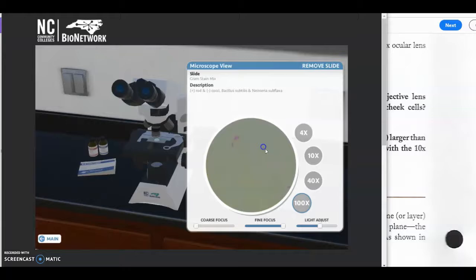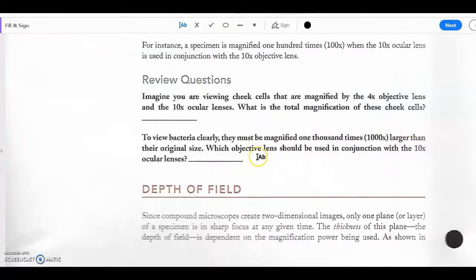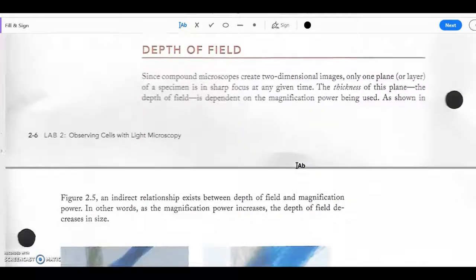Gram-negative cocci, I'm sorry. Again, we can increase the lighting, play with the lighting here. So going back to our question, if we need 1000x, you saw that with 10x ocular lenses, we had to use a 100x objective lens.